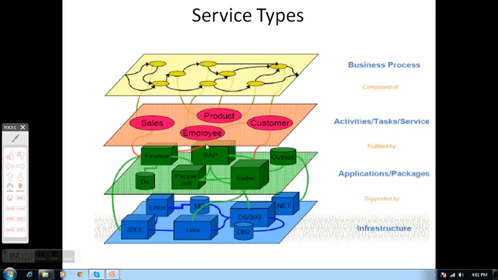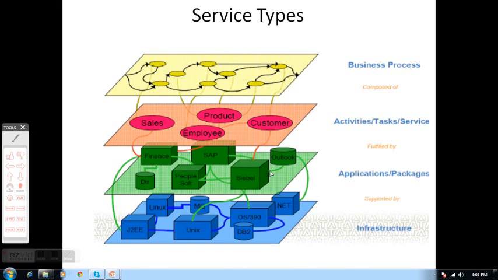For example, this could be a production business process, or could also be a sales process. This process uses individual composite services, for example, sales composite service, products composite service, employees, and so on.